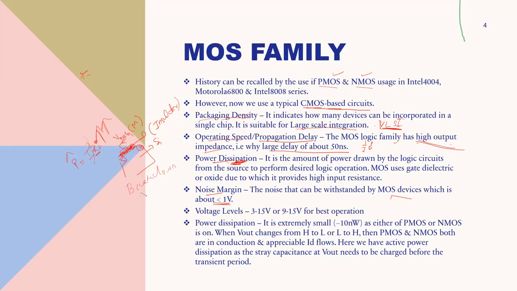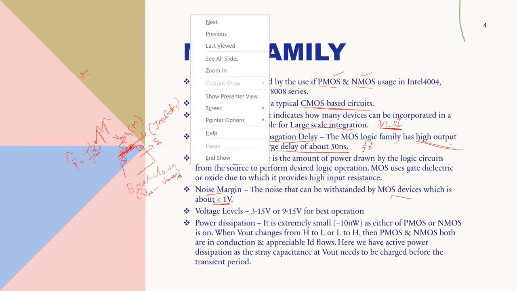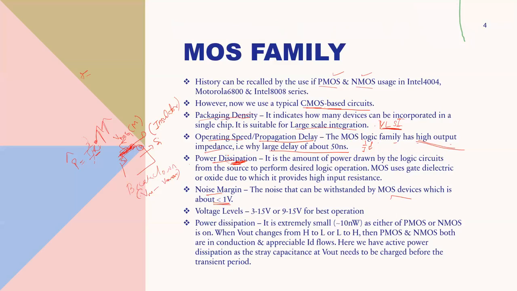If there is a V minimum to V maximum and you start supplying beyond that, they will not be able to hold it for long. They will burn out. So the capability of the device to withstand noise is known as noise margin, which is typically low. Coming to voltage levels.